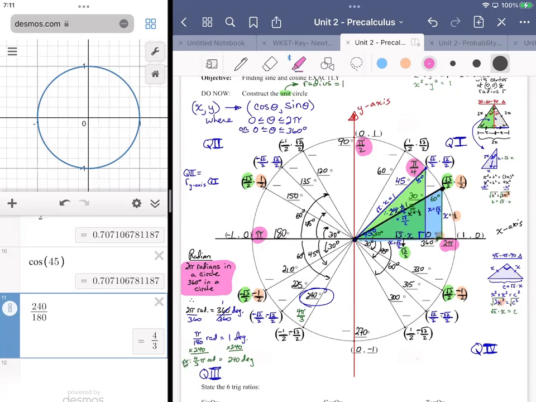Like, for example, I'll even use 30. Forget 60 for a second. The 30-degree angle. Well, 30 is 1/6 of 180. Right? If I want to get from 180 to a 30, I would divide by 6, right? So pi divided by 6 should be this angle.